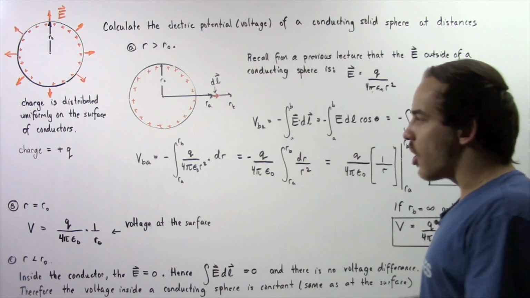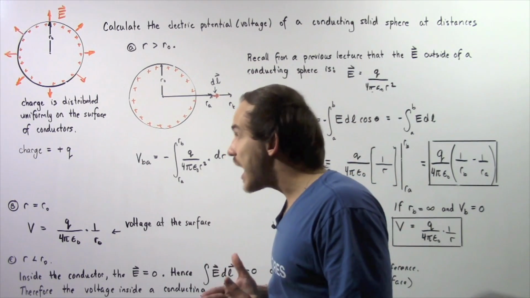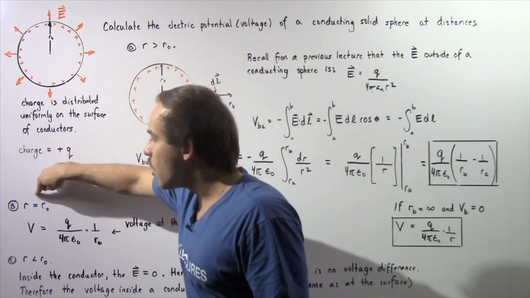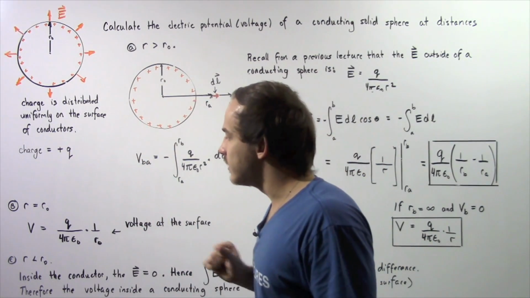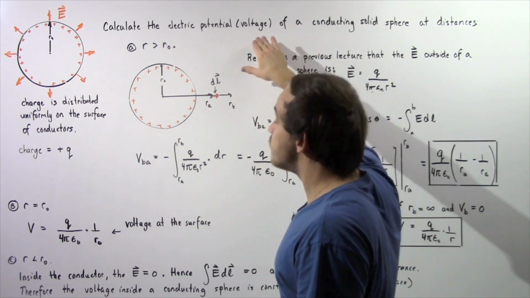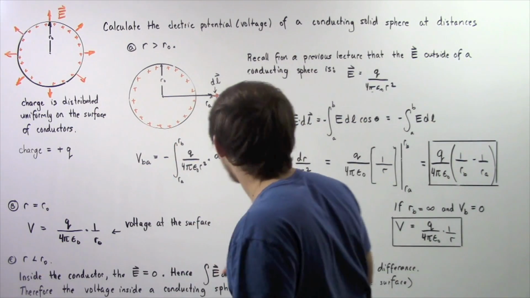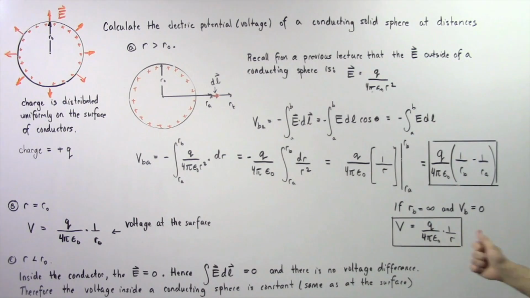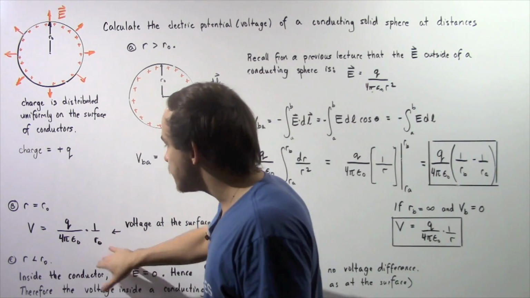Now, let's move on to part B. Now, let's suppose our R is equal to R naught. So, to calculate the electric potential or the voltage at R equals R naught, we simply take this equation and plug in R naught for our R. And we get this result.